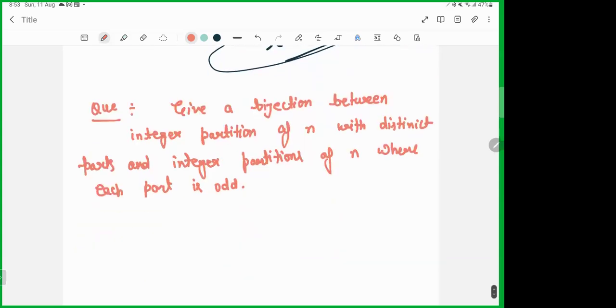Can you think something in this direction? Give a bijection between partitions of n with distinct parts and integer partitions of n where each part is odd.